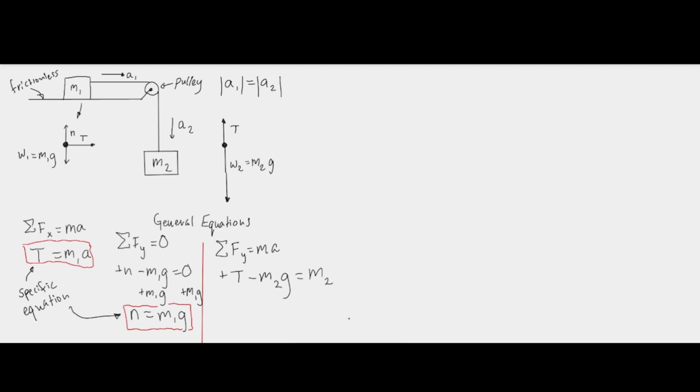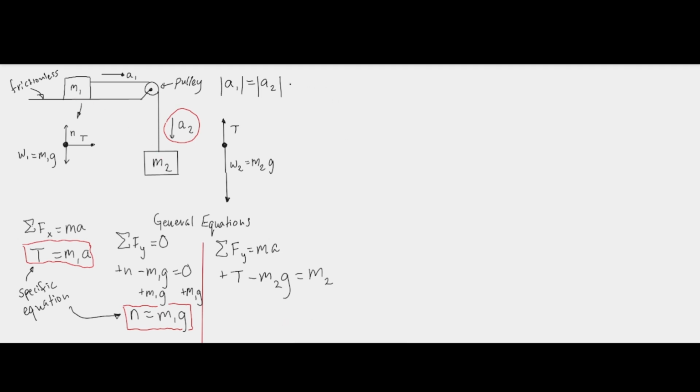It might be tempting to say g, but the actual acceleration of this block, remember, was a2. And a2 is equal to a1, and we've just started calling that a because it's shared between both blocks.